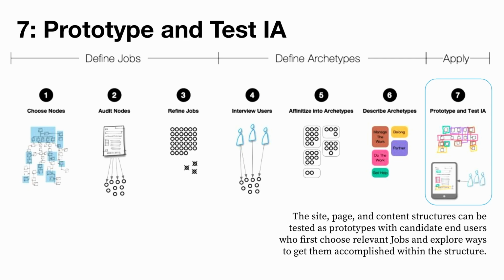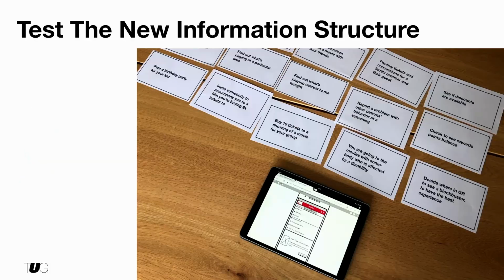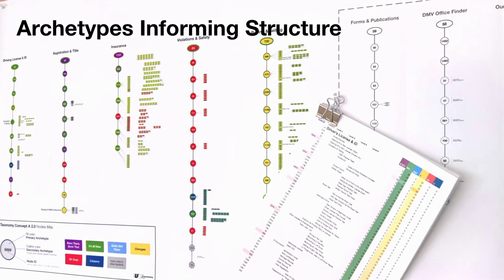We build interactive prototypes that are very simple, and we put them in front of our users and bring up a series of jobs, the ones that tell you archetypes, and ask them to pick ones that are relevant to you, and see if this prototype gets you to what you need. We can watch people walk through it and then see if they get lost or see if other things come up that are important. And this starts to validate that the structure that has been built is ready to capture people and give them what they need from the jobs they are expecting to get done and hire from this digital place.